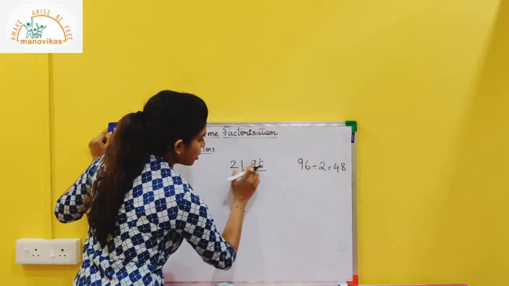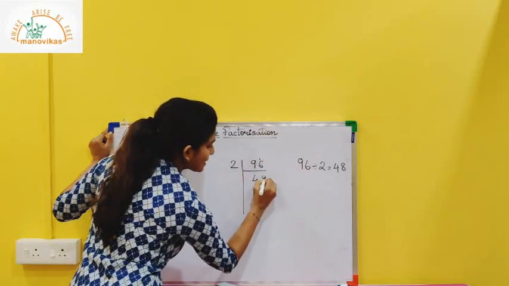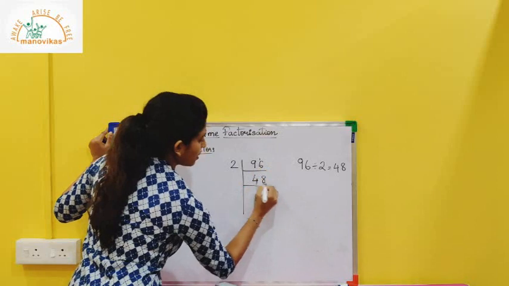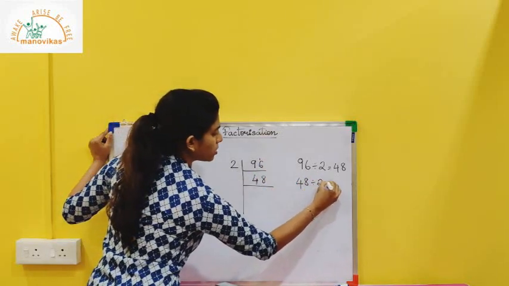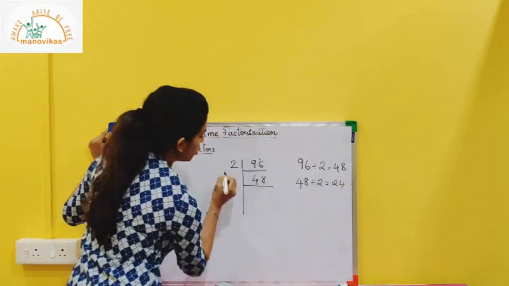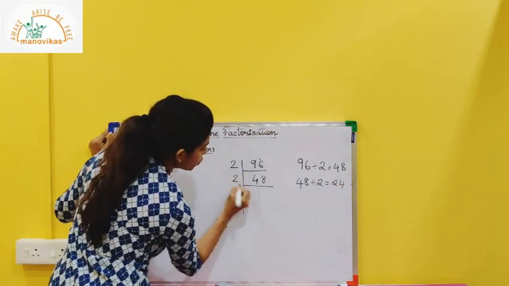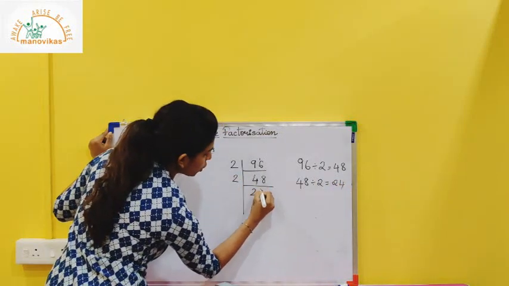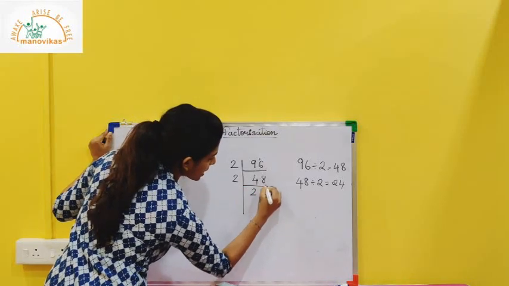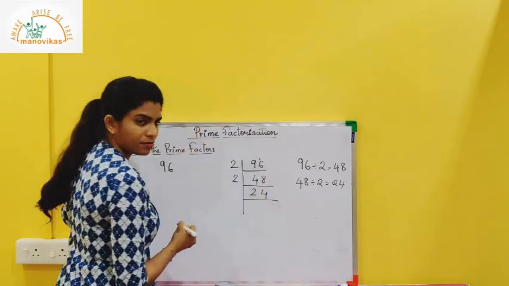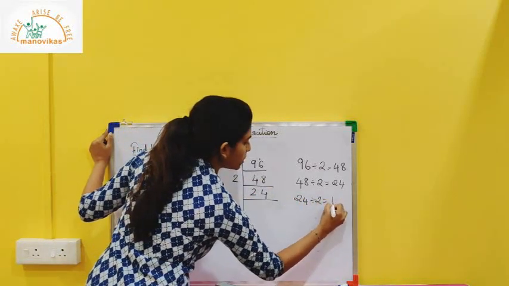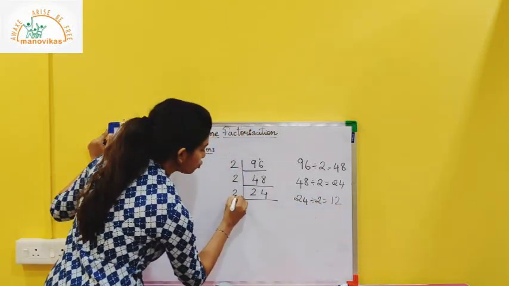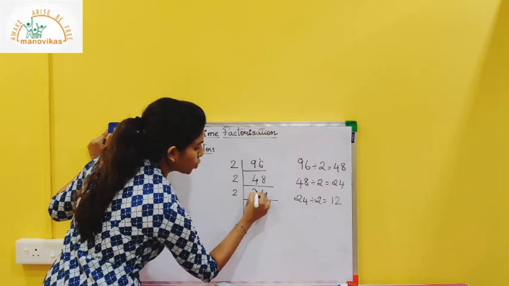So 16. 2 8s are 16. 48 divided by 2 is equal to 24. So I write 2 here. 2 2s are 4. 2 4s are 8. Now 24 divided by 2 will be 12. 2 1s are 2.